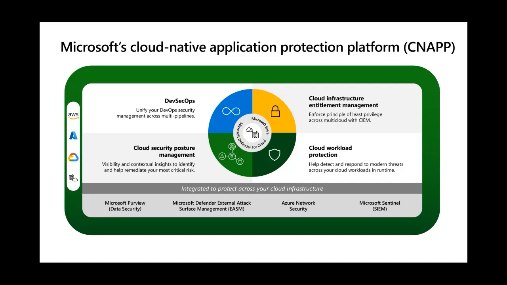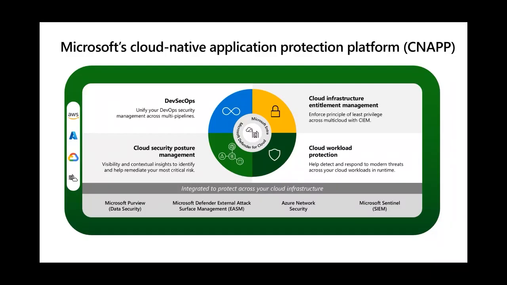So with our DevSecOps offering, we're able to unify DevOps security across different pipelines, including GitHub, Azure DevOps, and GitLab. And also look at the cloud security posture management and cloud workload protection across different resource types that you may have in the cloud.